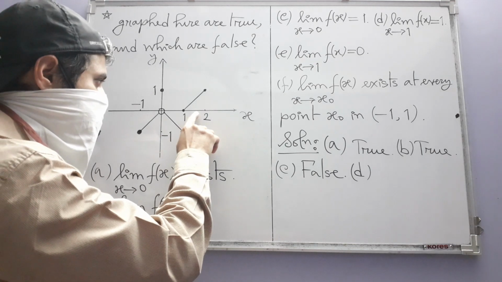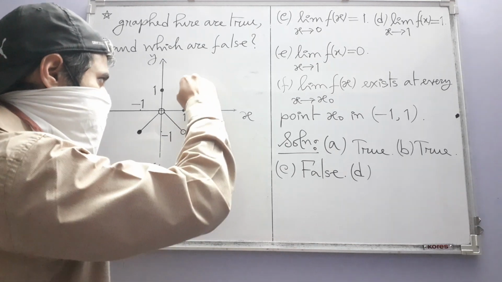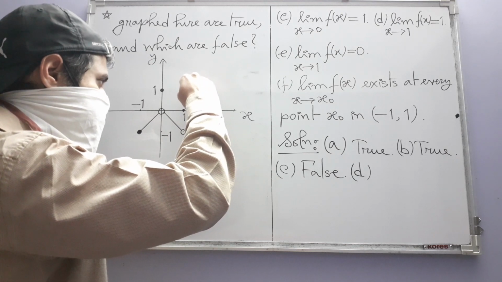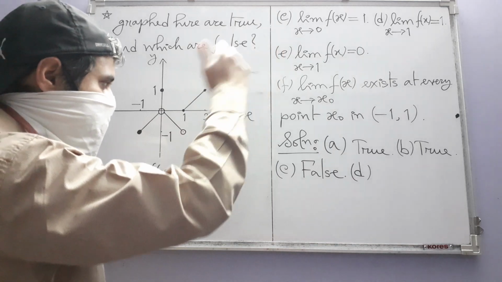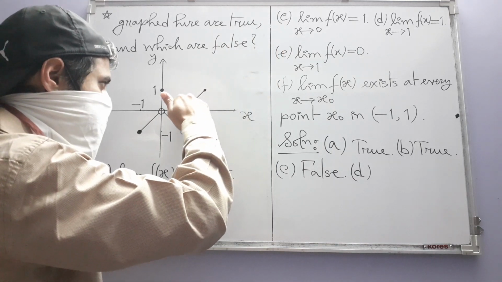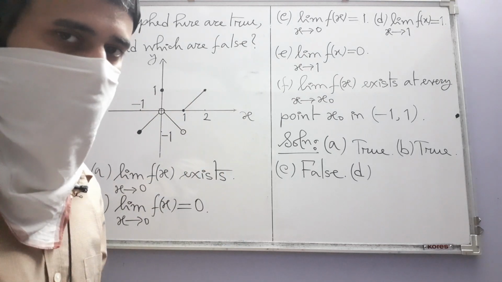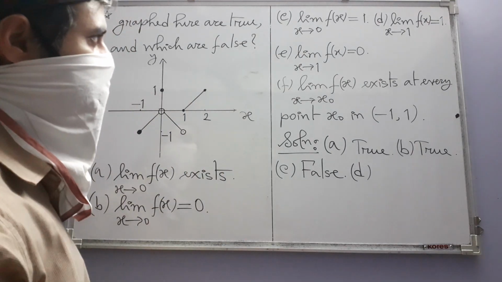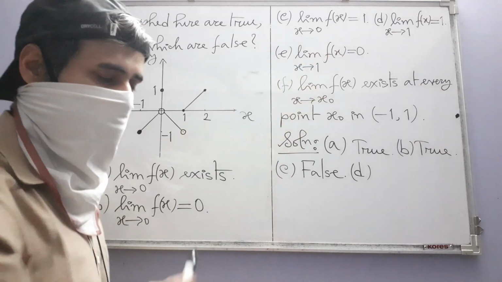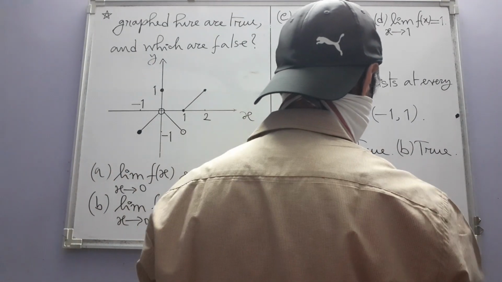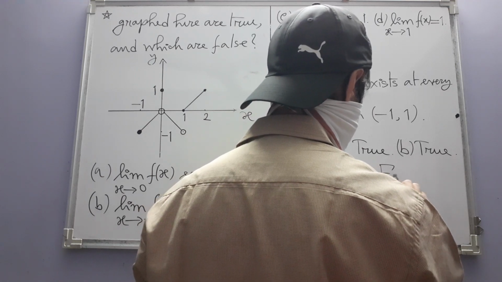Whereas when you take x towards 1 from the right side, then your f of x value is again decreasing, but it's coming from higher up, and it reaches 0. So they do not reach the same real number. So the limit does not exist. If the limit does not exist, then how can it be 1? So here it is false.